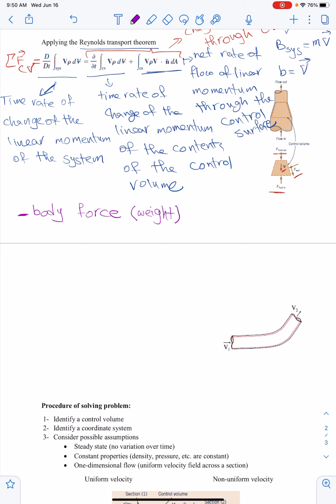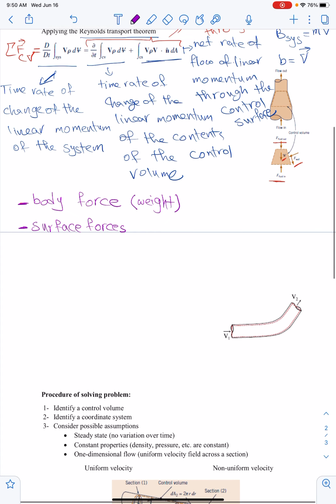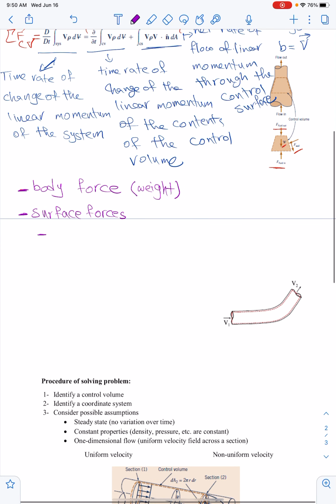And the surface forces are basically exerted on the contents of the control volume. For example, we have wall effects.